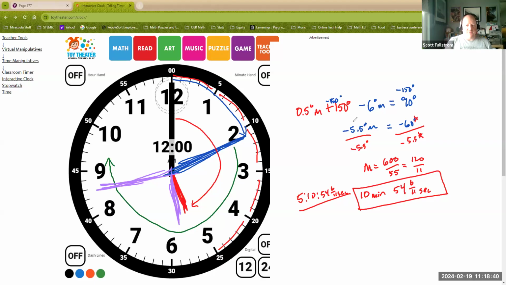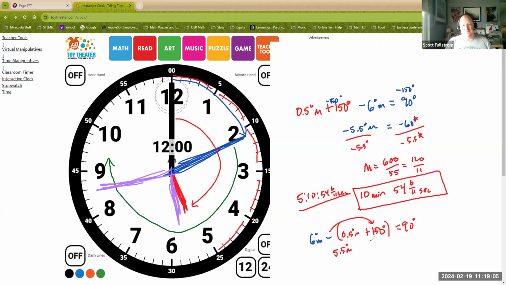So what's that one going to look like? It's going to be 6M minus the red one. And the red one is 0.5M plus 150 degrees, and I want that to equal 90. Once again, I get 5.5M, this time positive, but now I get a negative 150 when you distribute.